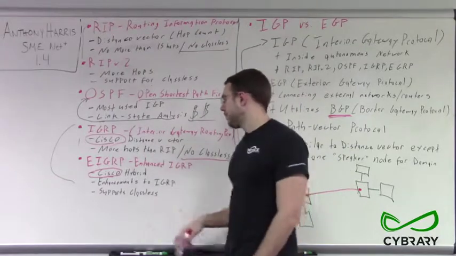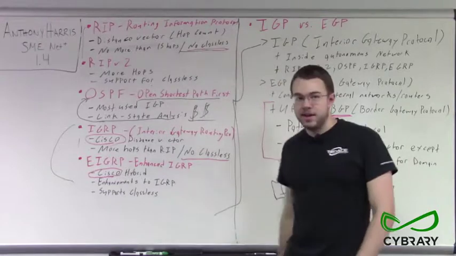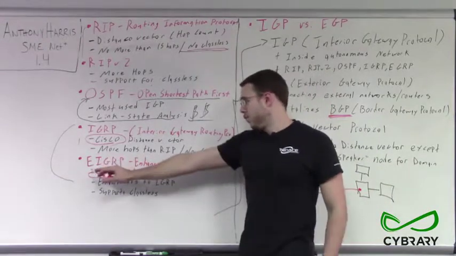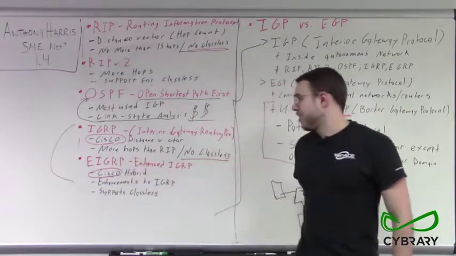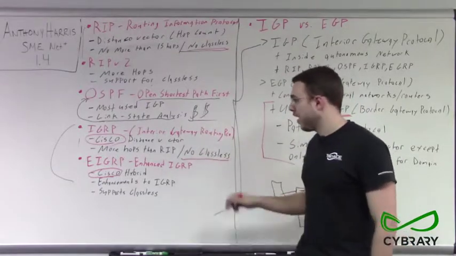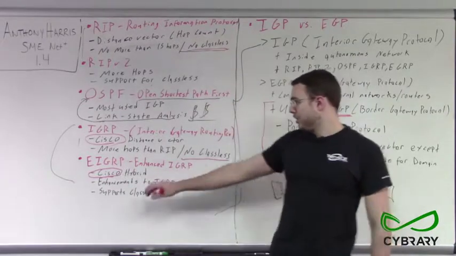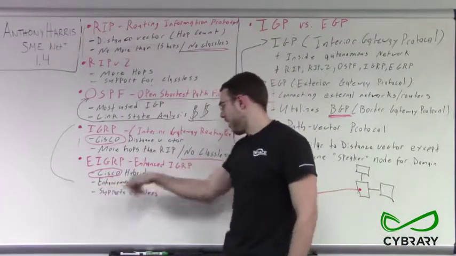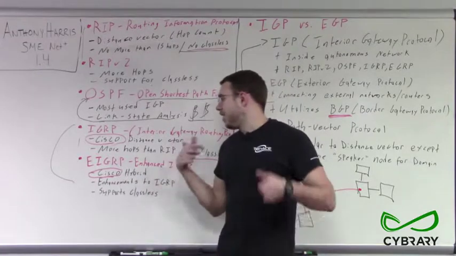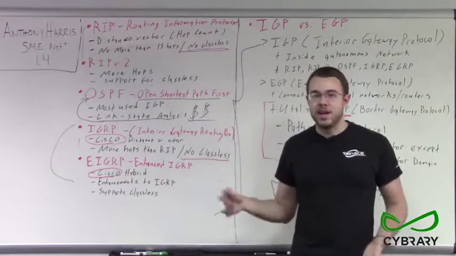And then, just like RIP needed something to fix this problem with not handling classless addresses, we released eIGRP, which is Enhanced Interior Gateway Routing Protocol, Enhanced IGRP. This is a Cisco hybrid protocol, which means that we have our enhancements to IGRP in that it not only uses hop counts, but it also uses link state analysis.